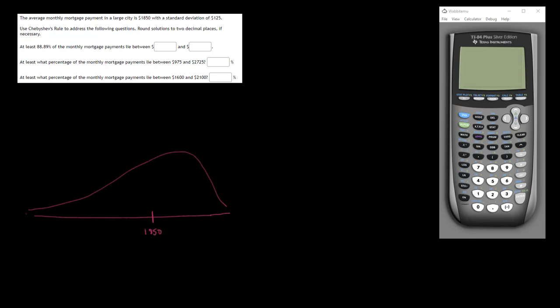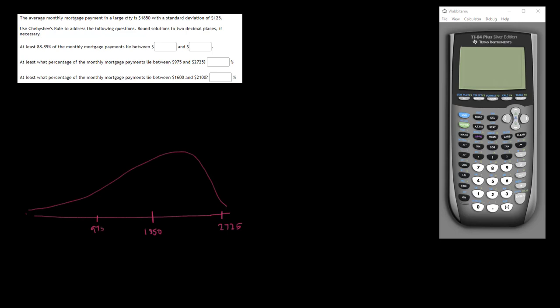Now, we want to figure out what percentage of the monthly mortgage payments lie between $975 and $2,725. So $2,725 is over here somewhere, so I'm just going to label it 2725, and then 975 should be over here somewhere.